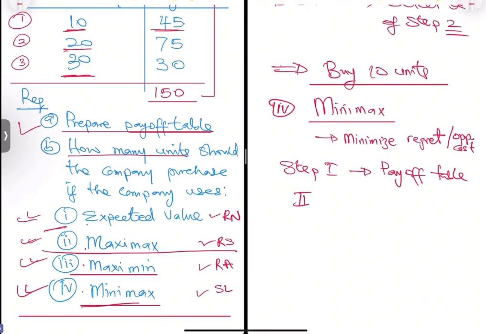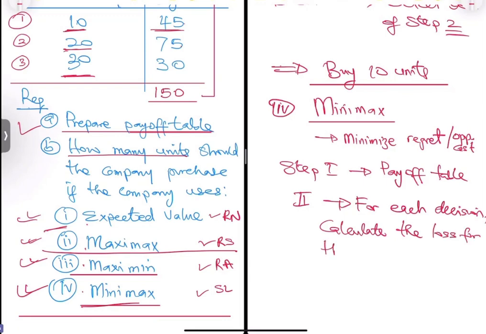So let me just put it down for you in writing before we go into calculation. So I'm saying that for each decision, whether it's buy 10 or buy 20 or buy 30, for each of those decisions, you have to calculate your loss, opportunity cost. So calculate the loss for not taking the best decision.